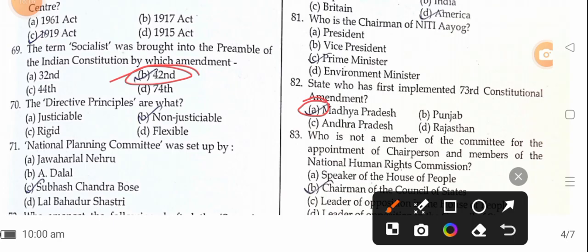The Directive Principles are what? Non-justiciable. A few minutes before I was just talking about it. The Directive Principles of State Policy are completely non-justiciable.